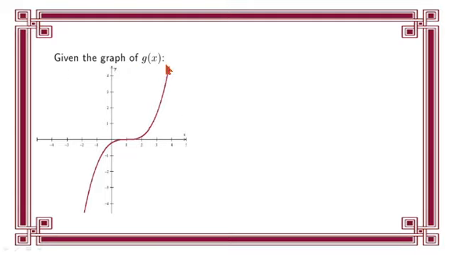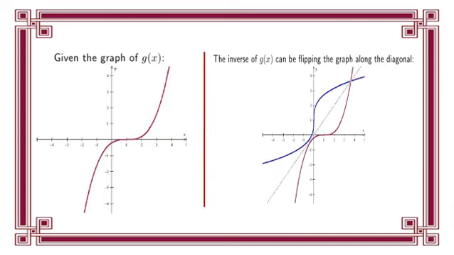Let's say we are given a graph, call it g(x), and when we have to find its inverse, basically we have to flip the graph along its diagonal, or in other words, flip the graph along the line y = x. Then the resultant graph, which is blue in color, is called the inverse of this g(x).